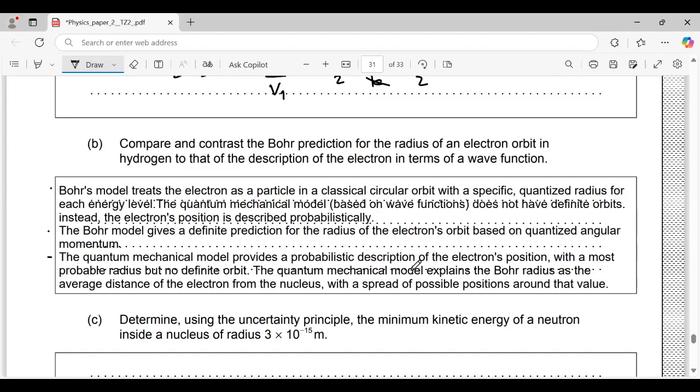The quantum mechanical model explains the Bohr radius as the average distance of the electron from the nucleus with a spread of possible positions around the value. In the classroom, I have shown you my opinion about these questions, and this is not enough if I type it here. So this is the comparison and contrast between the Bohr predictions and the wave functions.